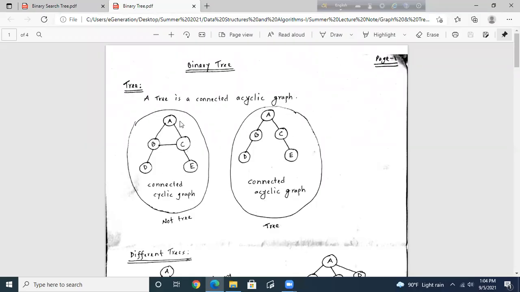In the right side graph we have no cycle and simultaneously it is a connected graph. There is no isolated vertex. So because of that, dear student, it is a tree.